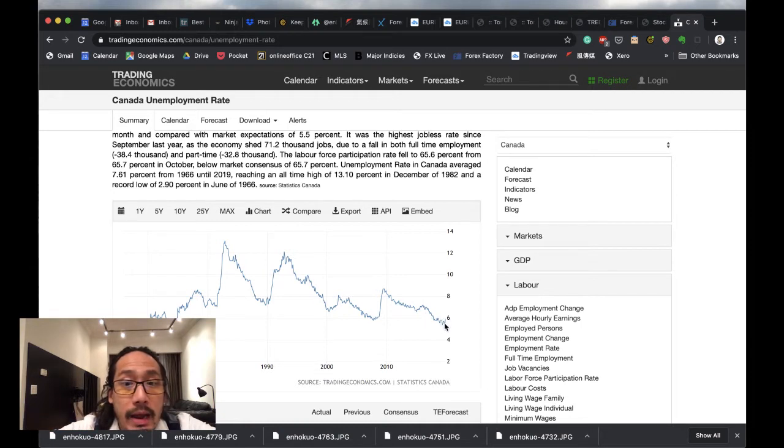Actually, we are at the lower end of it. So that means the unemployment rate is actually going lower. So that means the job market is pretty good. You have enough population coming into this country, and you also have enough jobs for people to have. And then again, when people have jobs, when they make money, they will need housing, or they want to move into a better place. And that's why the housing price continues to go up in Canada, especially in Toronto.